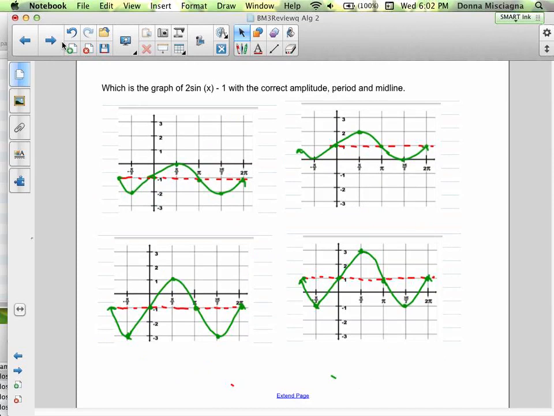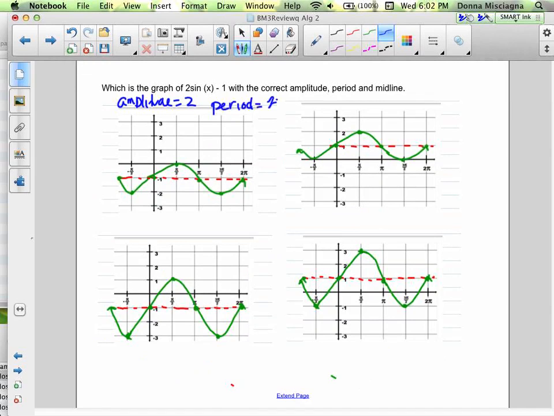Which is the graph of 2 sine x minus 1 with the correct amplitude, period, and midline? All right, so the graph we're looking for has an amplitude of 2. It's the coefficient in front. No change to the period. So the period is 2 pi, right, because b is 1.